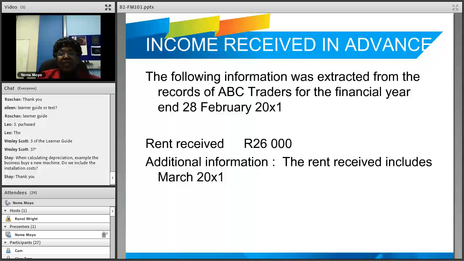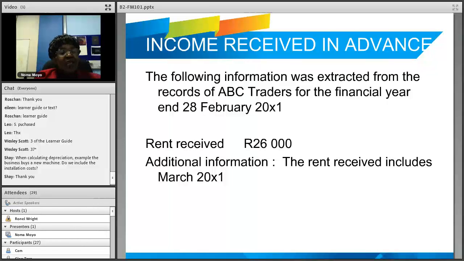The following information was extracted from the records of ABC Traders for the financial year end 28 February. Rent received was 26,000. Additional information, the rent received includes March 2021. So it means this is for 13 months because the year ends in 28 February.